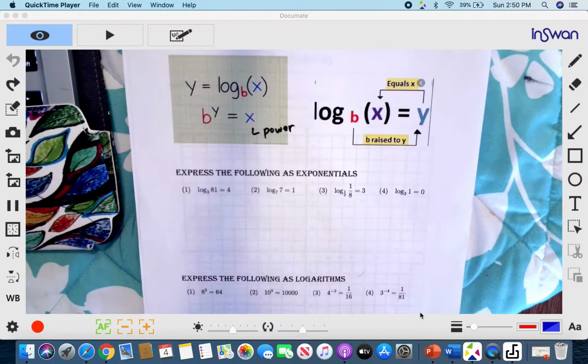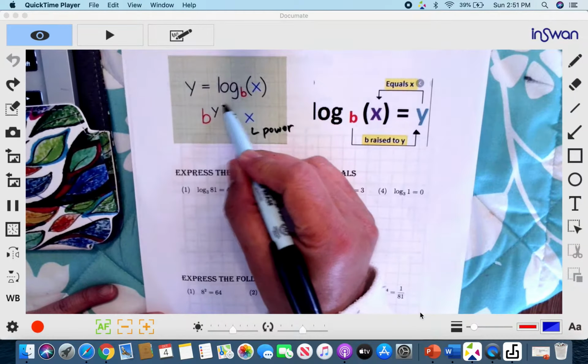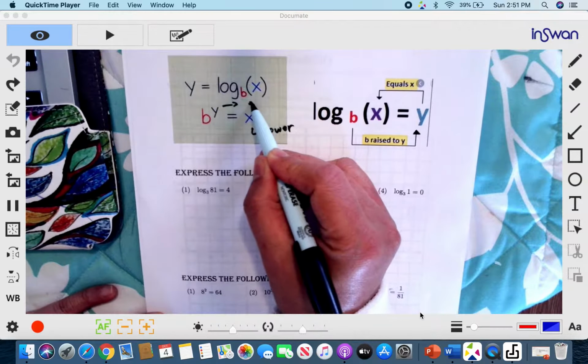Usually they would think that the power is the exponent. No, the power is the value. When you raise a base to an exponent, the value is the power, because that's the value of the exponential expression. So it's just fitting to say that's really the power. Y is your superscript, or we also call it the exponent.